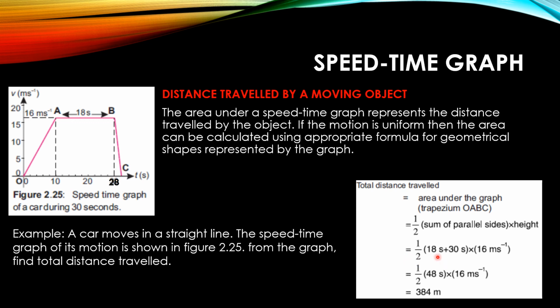The parallel sides are 18 seconds and 30 seconds, and the height is 16 meter per second. By calculation, we get the result of 384 meters. So that is how we can find the area under the graph, and with the help of this graph we can also explain the motion of the object.